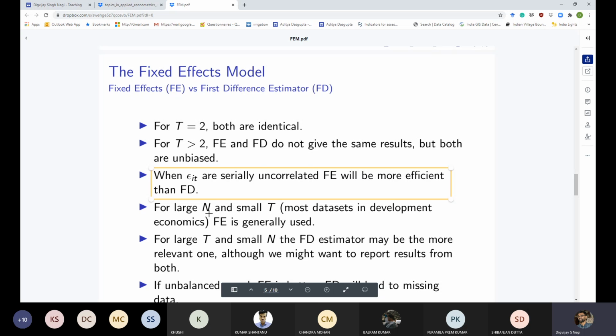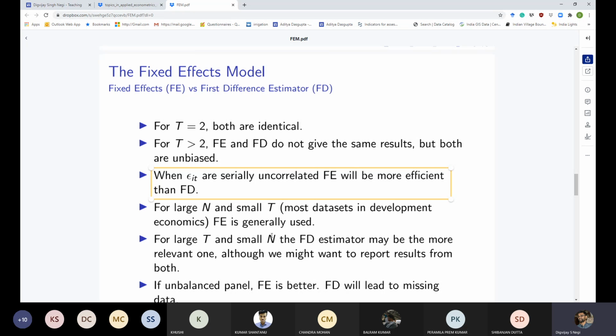And the kind of data sets that we work with in development economics or in applied microeconomics generally have N very large. So you will have lots of units, individuals, 10,000, 5,000 lakhs. But the time dimension is very small. For example, we'll have data for 10,000 individuals for 10 time periods.